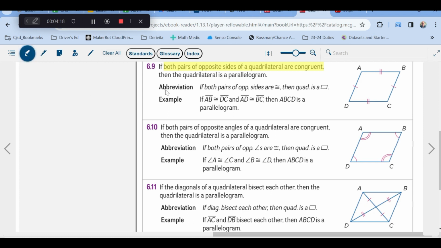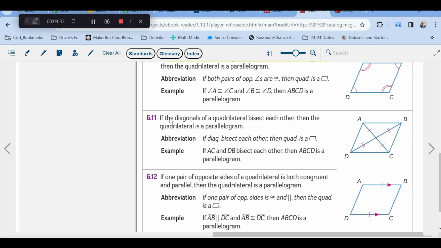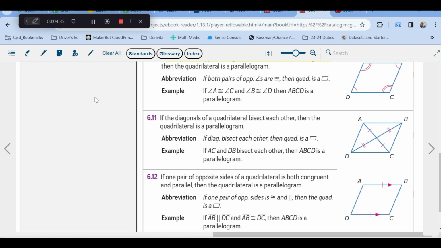Okay, it says both pairs of opposite angles are congruent. So these angles across each other are marked congruent. These angles across each other are congruent. Here we go. The diagonals, let me get my highlighter back.